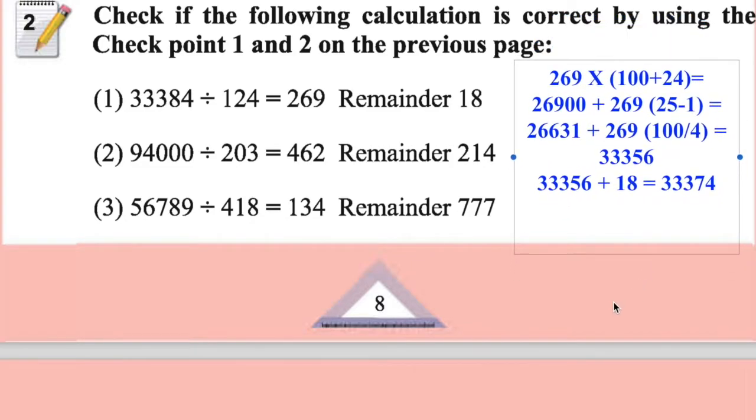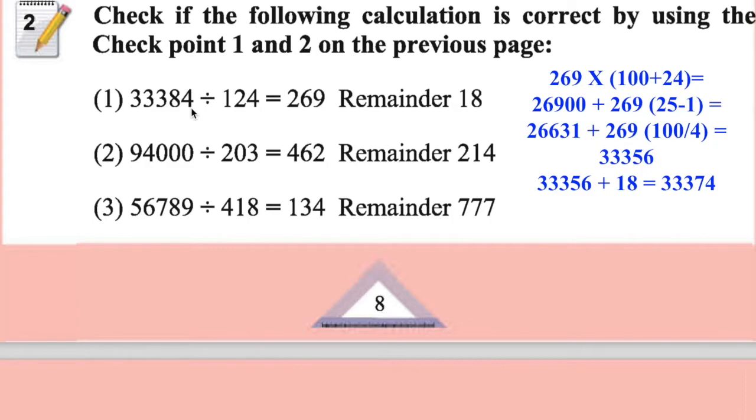Oh, sorry, this must be 33374, not 84. Okay, so that is the problem. Actually we need to check it quite carefully, otherwise errors may arise. If you want to cross check, yeah, you can cross check it.